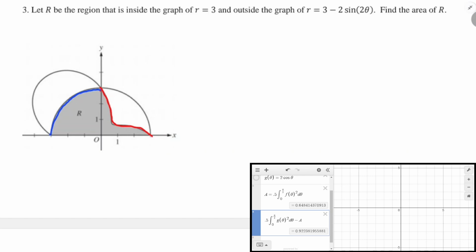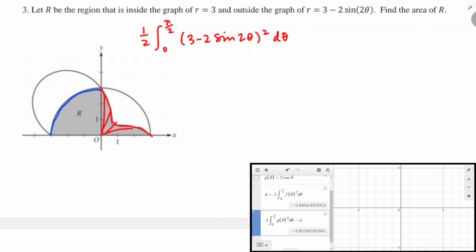All right, and so I'm going to just say, okay, to get the red area, it's going to be 1/2 the integral from, you can tell from the graph it's 0 to pi over 2 because it's the first quadrant, of 3 minus 2 sine of 2 theta. Square that. And that's going to get me that amount of area right there.